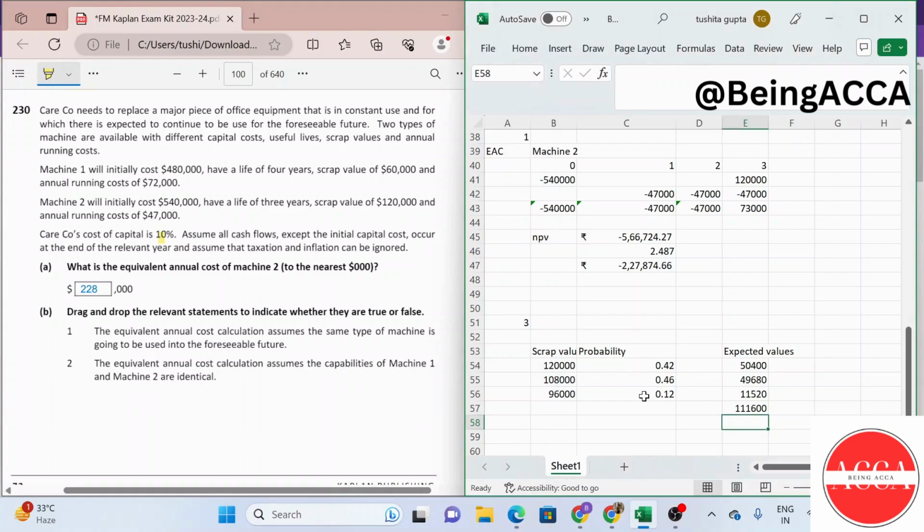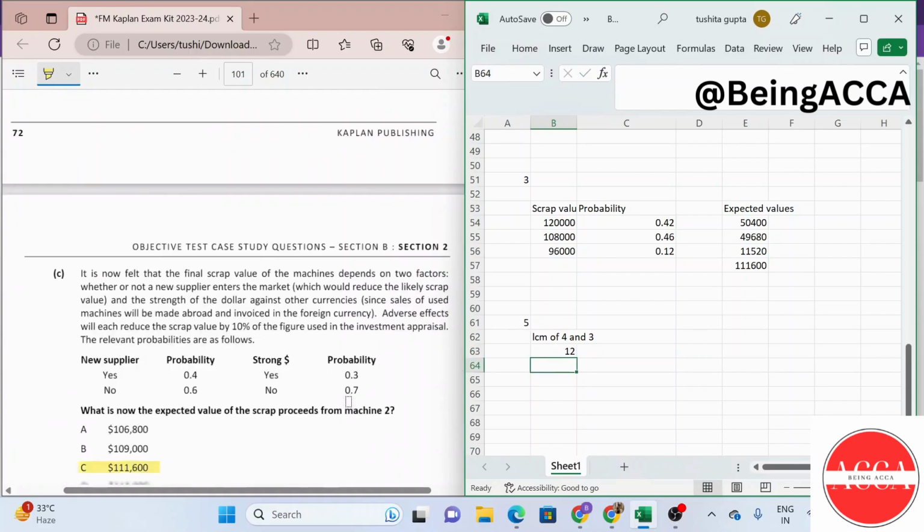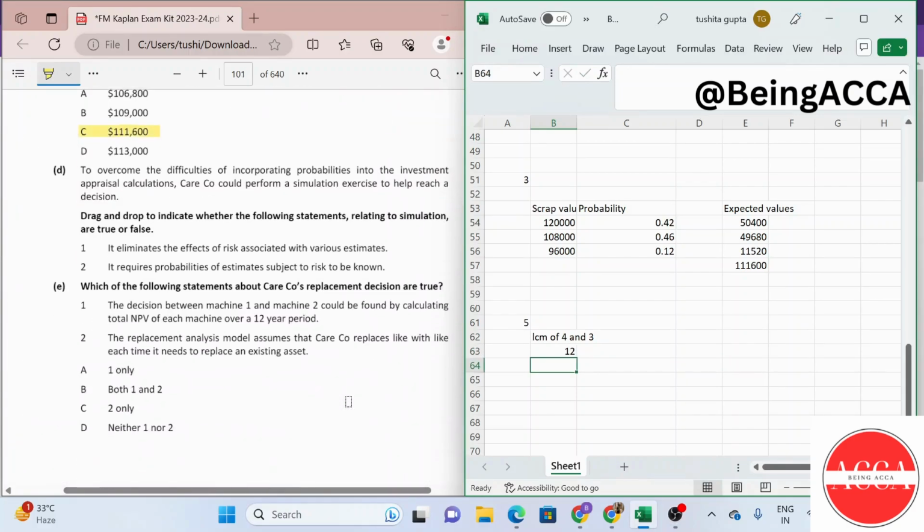So it is not fair because the values will not be a like to like comparison. So what we'll do in this case is we will try to find an LCM. The LCM of 4 and 3 will come out to be 4 multiplied by 3, which is 12, and this is how we will have a like with like comparison.